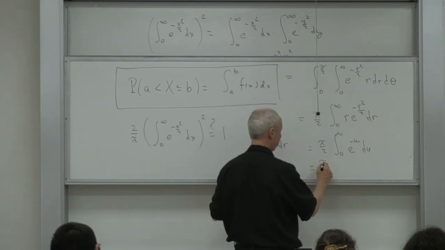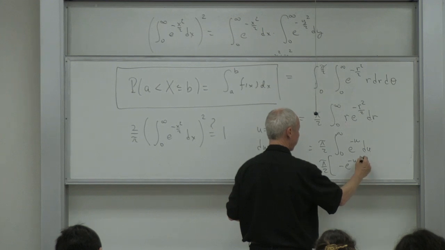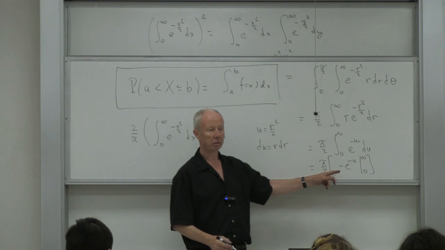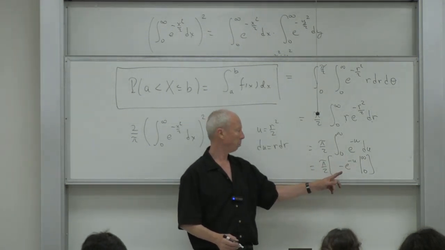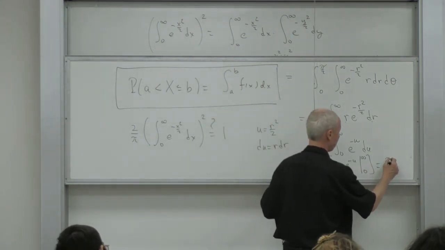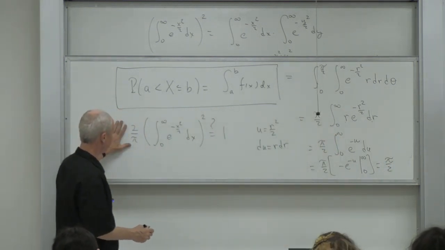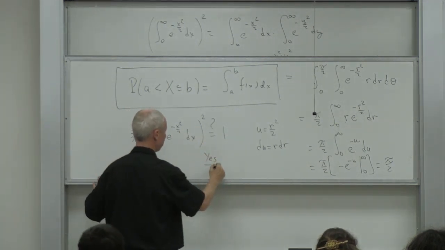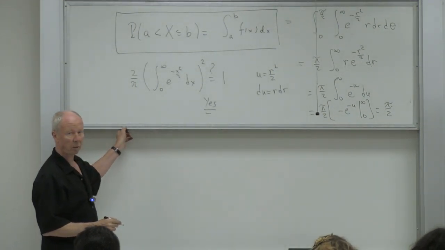And this would be pi over 2 times minus e to the minus u evaluated between 0 and infinity. What's the value of this function at infinity? 0. What's the value of this thing at 0? Minus 1, but we subtract. So it becomes plus 1. So this becomes pi over 2. Multiply by 2 over pi, you get 1, so yes. It does integrate to 1.